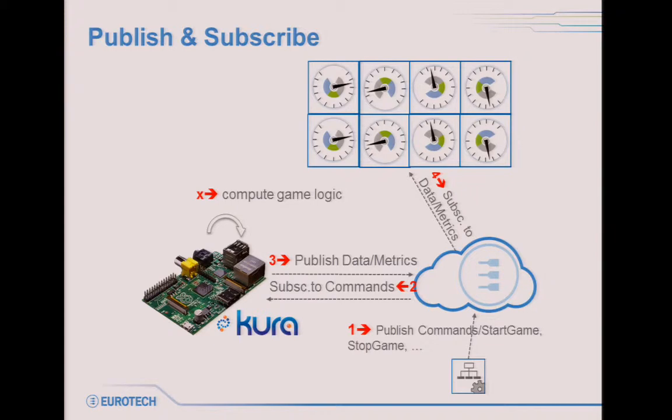Then we have the Kura and the Shoot Pi application publishing the data and the metrics that they collect when they play the game. And we have the dashboard subscribing to these data metrics, so they can visualize in real time the data when they reach here the MQTT broker, they go there.